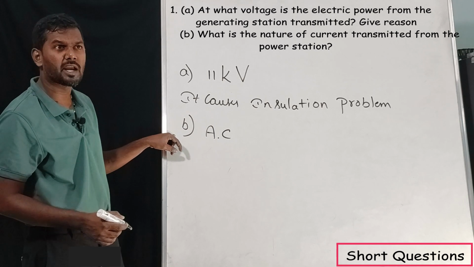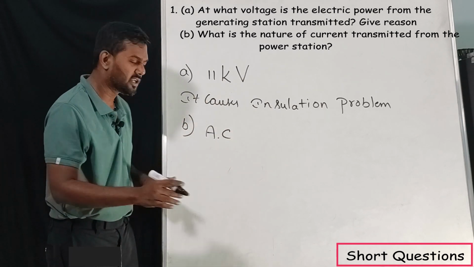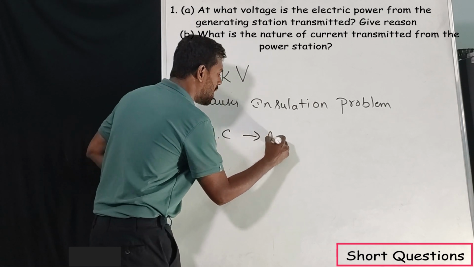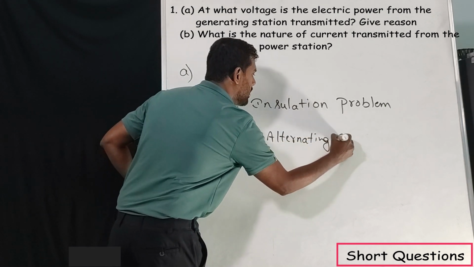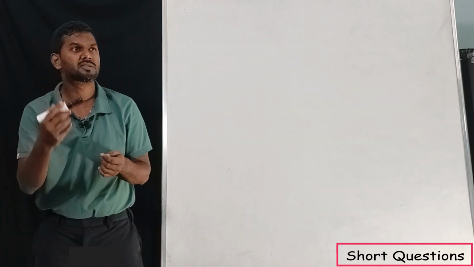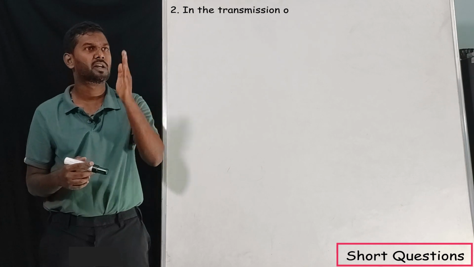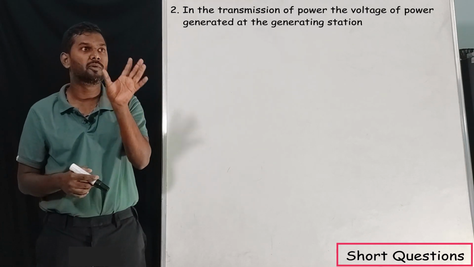Then in the second part, they are asking the nature of current: AC, that's it, or if you want to be precise, alternating current.